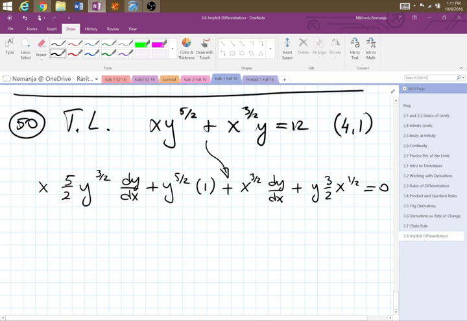So x is 4 times 5/2, and then you have y, which is 1 to the 3/2, so that's still 1, and dy/dx becomes m, plus 1, plus, and now we have 4 to the 3/2.